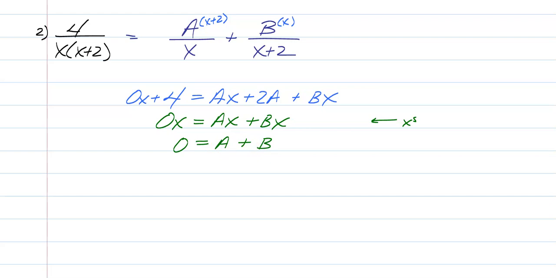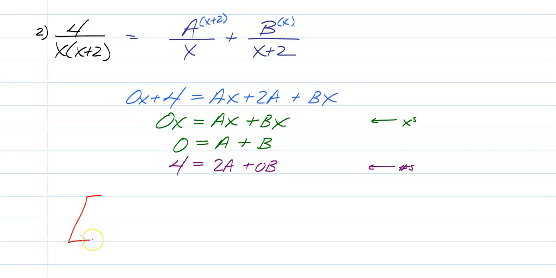And then we're going to have our constants, or our numbers. That's going to be 4 is equal to 2a, and we don't have a constant for the b, so you could write plus 0b.